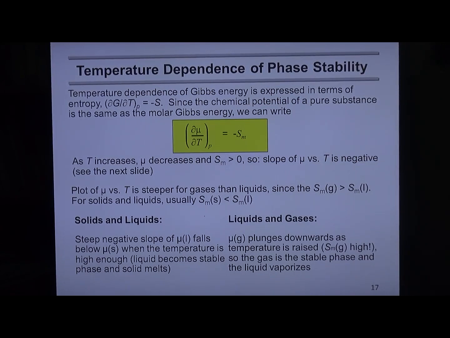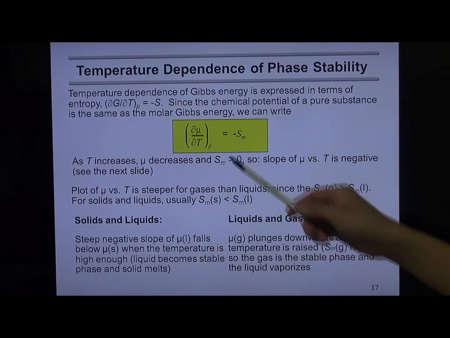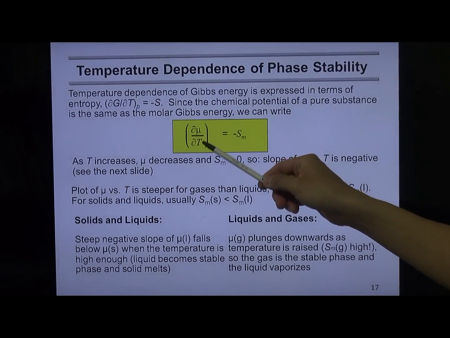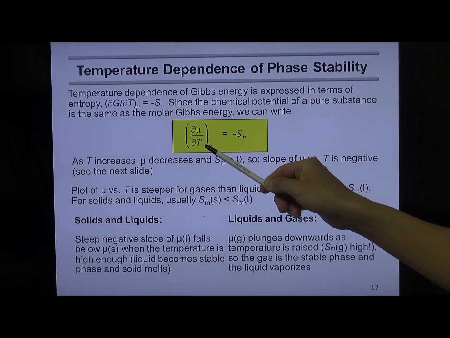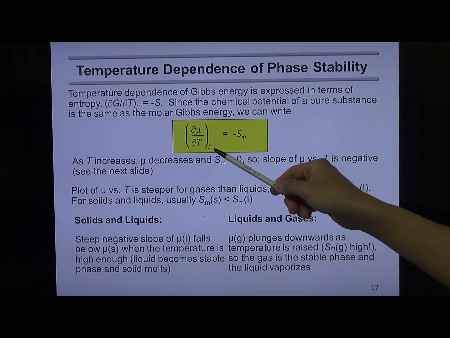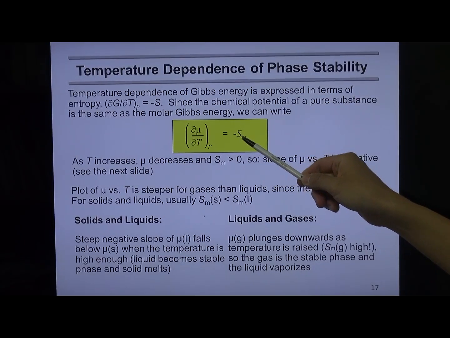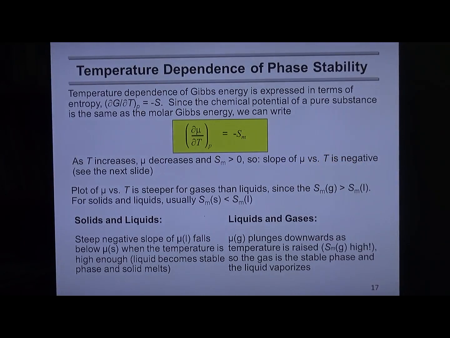So first, let's consider the temperature dependence of phase stability. We have learned from the previous section that the chemical potential change as a function of temperature at constant pressure corresponds to minus molar entropy, right?